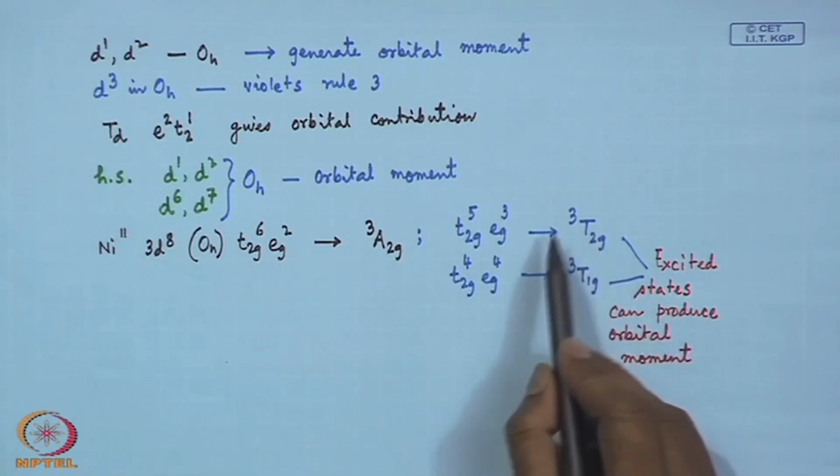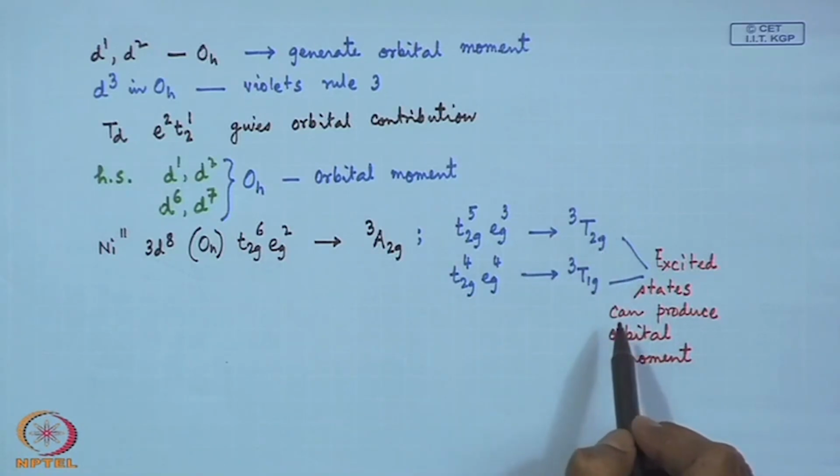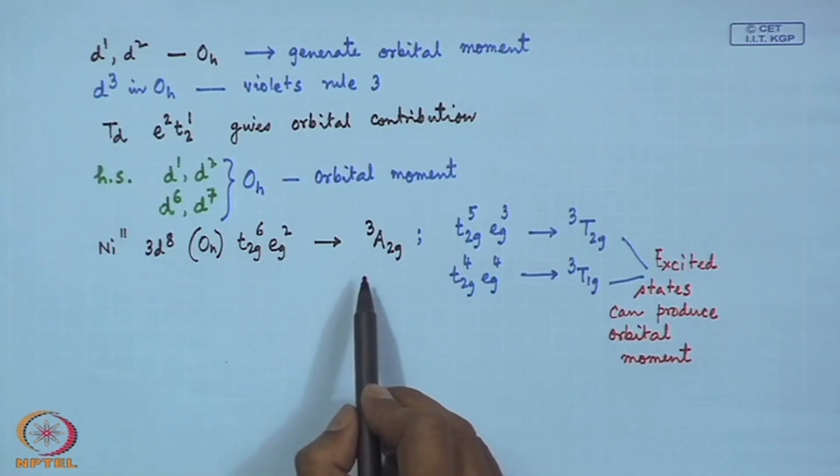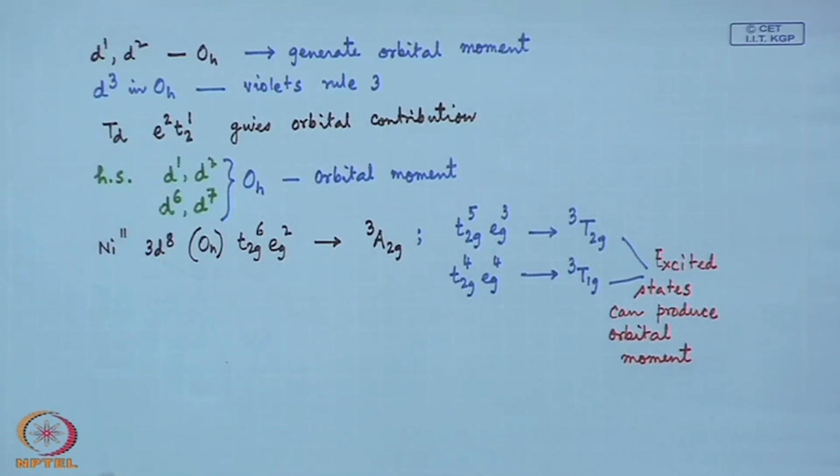That means these two levels will contribute to the magnetic moment for this nickel(II) system, where we have a magnetic moment higher than the spin only value.